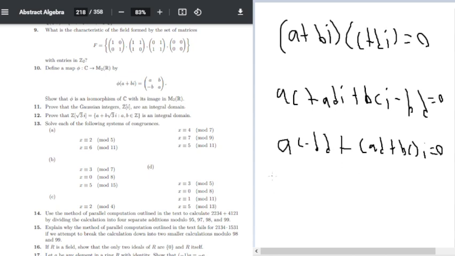So for this, first of all, if this equals 0, then ac minus bd is equal to 0.